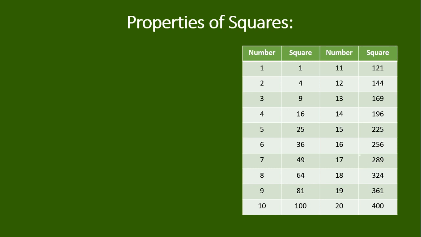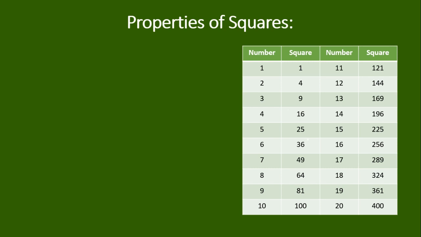What I want to say is that in these square numbers, in the units place, you cannot see the number 3 or 7 or 8. Or 2 is also not there. So 2 is not there, 3 is not there, 7 is not there and 8 is not there.